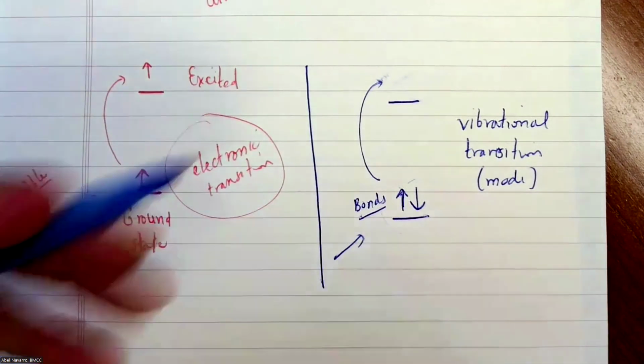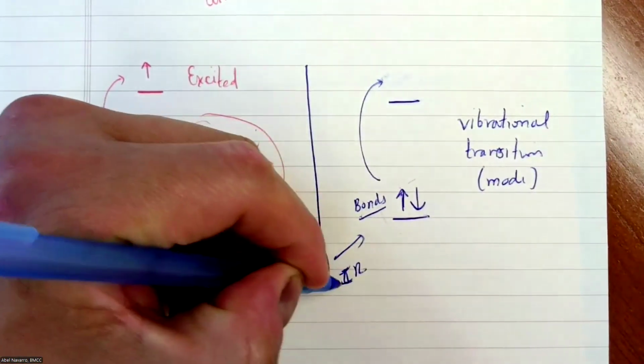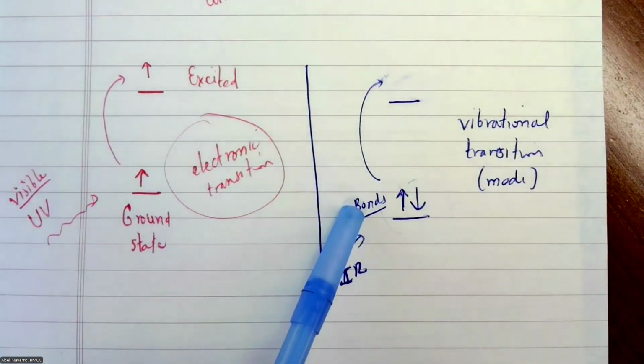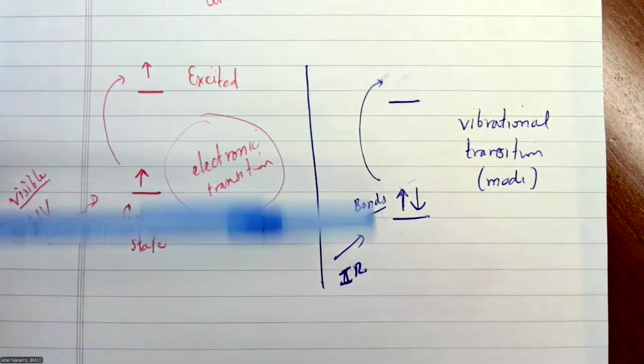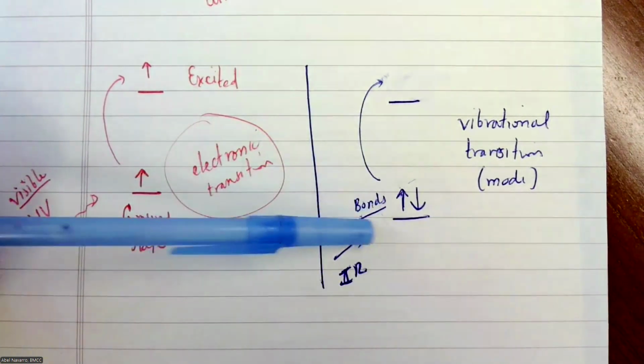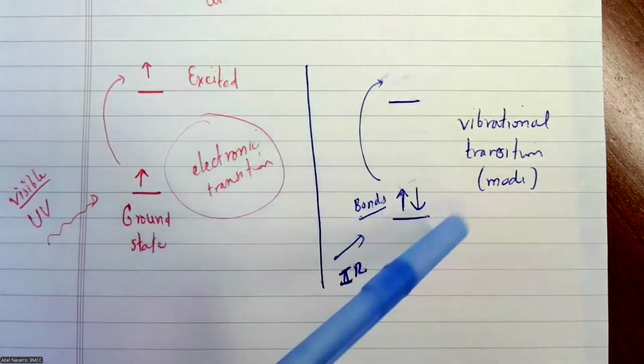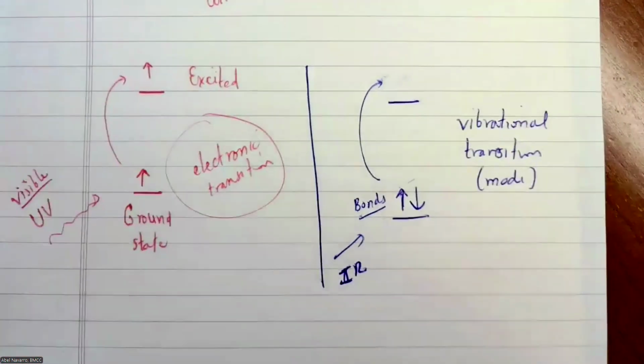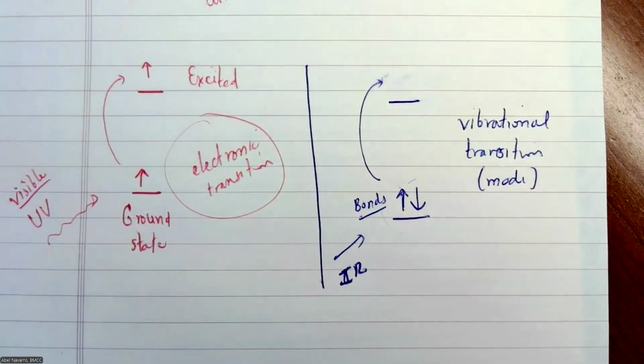The same happens with IR. Infrared light can also cause that in bonds. You are not going to be transitioning electrons. Well, the bonds are made of electrons, but remember that they will be at a particular vibrational transition, what we call a vibrational mode, right? So what are those modes?